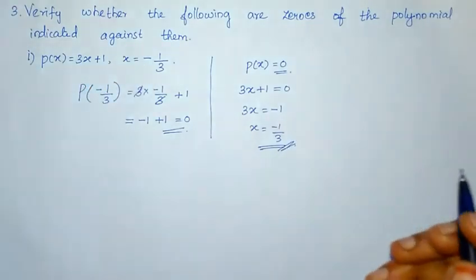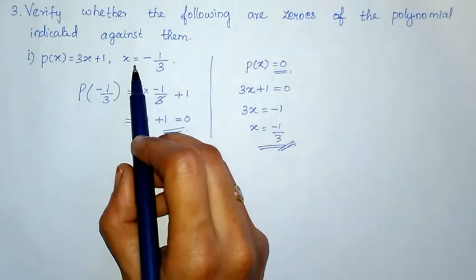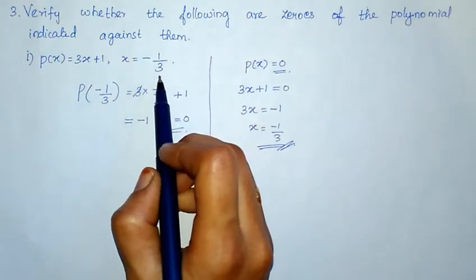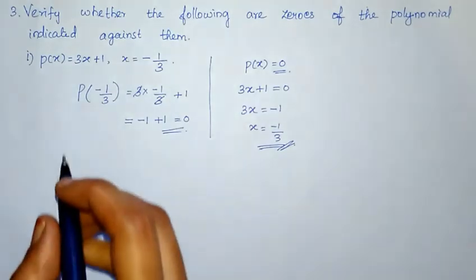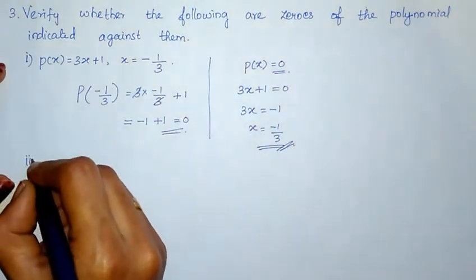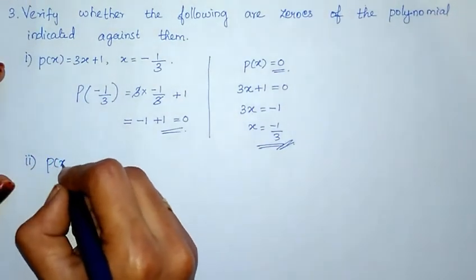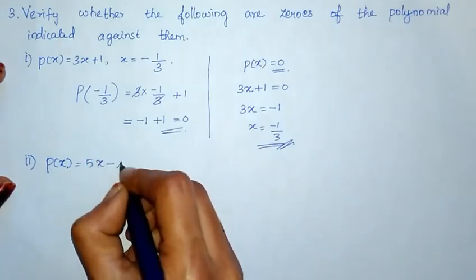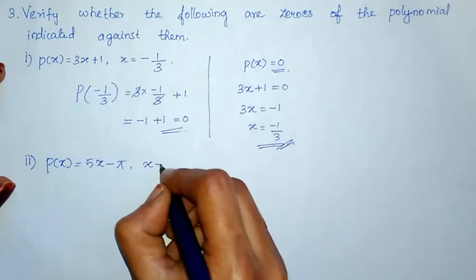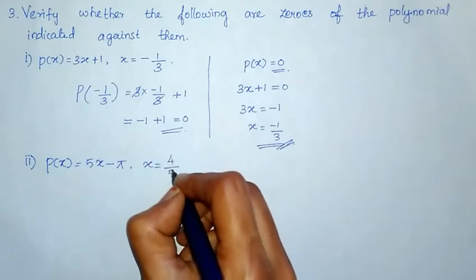So, we can say that the given value x equal to minus 1 by 3 is a zero of this polynomial p of x. Second one, p of x equal to 5x minus pi, x equal to 4 by 5.